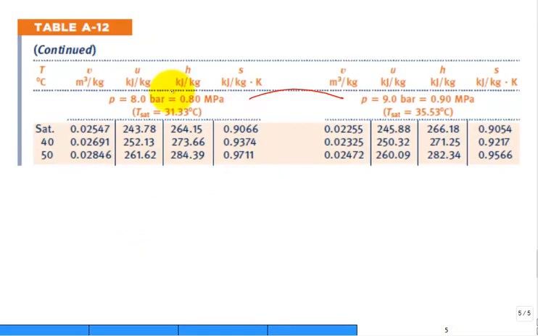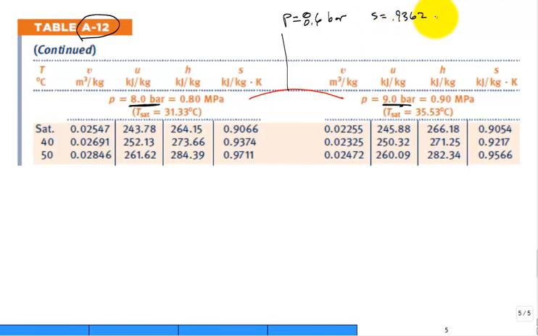Here it is. So we're going still in the table A12. We're not on a line of constant pressure, so we're going to have to go in between. Our pressure was at 8.6 bar, and our entropy was 0.9362.